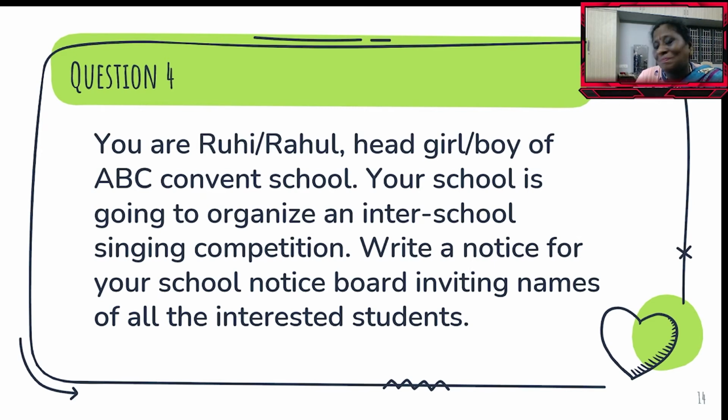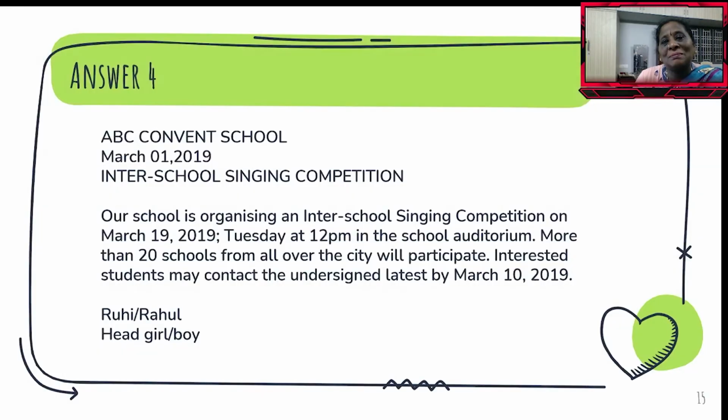So again here you start with drawing a square, then writing the notice inside. The first thing, the name, ABC Convent School, date, then the title, Inter-School Singing Competition, and the content, then you sign off.